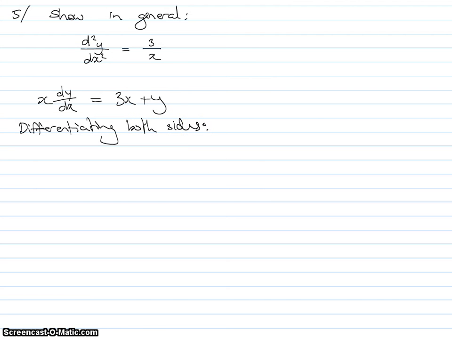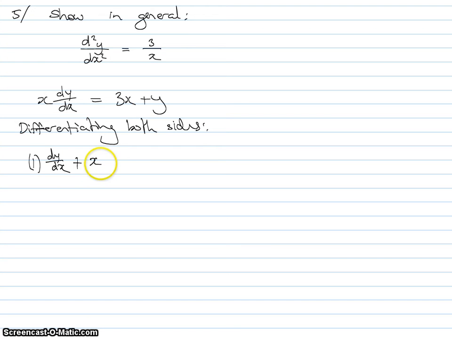The left-hand side, we need to use the product rule to differentiate. So I'm going to differentiate the x, hold the dy dx constant. That gives me 1 times dy by dx plus hold the x constant and differentiate dy by dx.